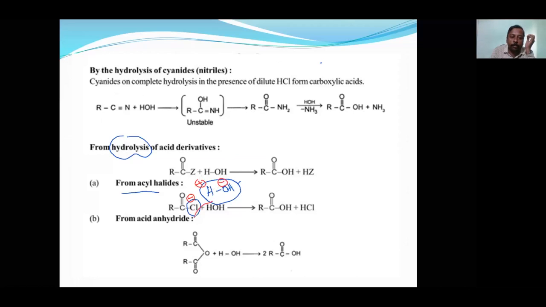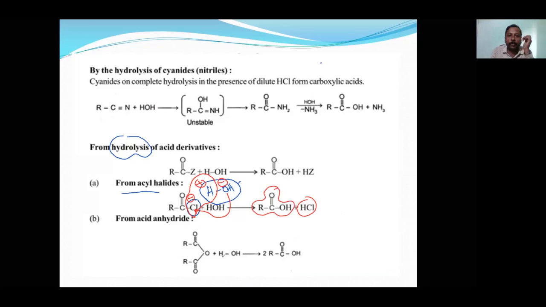Opposite poles attract each other according to physics. So on this, HCl will be removed. Once Cl is removed, our OH will attach here itself. Understood? So this is the answer: RCOOH plus HCl.